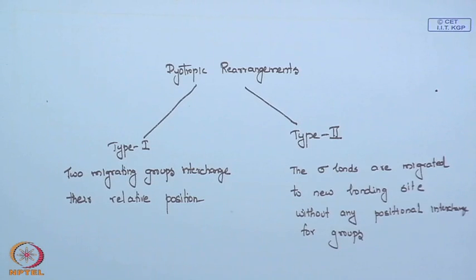So, first what I defined for dyotropic rearrangement: a concerted intramolecular migration of two sigma bonds simultaneously. That type of pericyclic reaction you call a dyotropic rearrangement. It is classified into two types, type 1 and type 2.